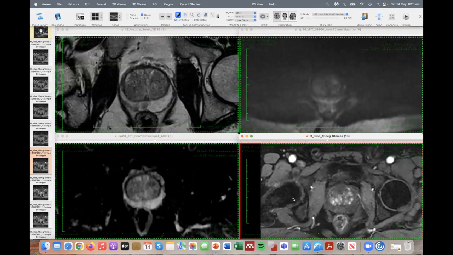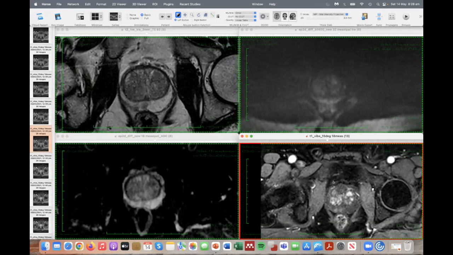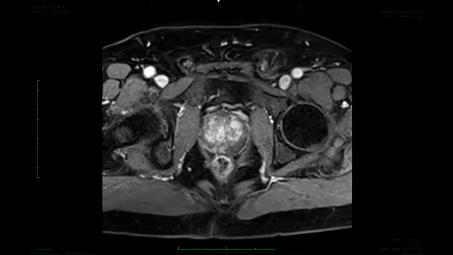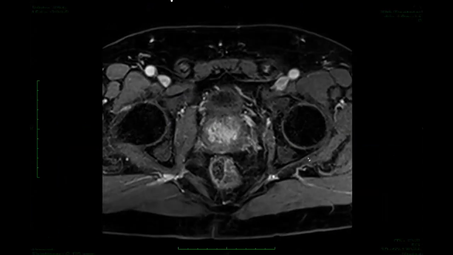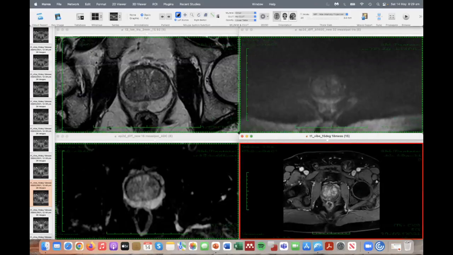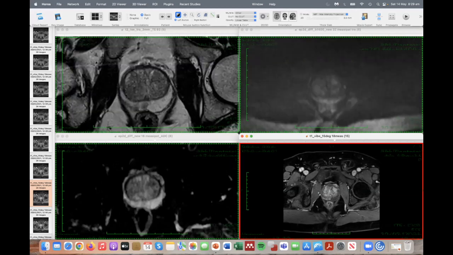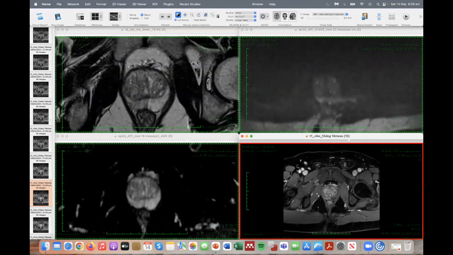And if we have a look at the DCE, you can see the 2 lesions flashing here. So you can see the contrast here is very helpful. It's showing us the 2 lesions here. And there is also some diffuse enhancement in the right PZ.